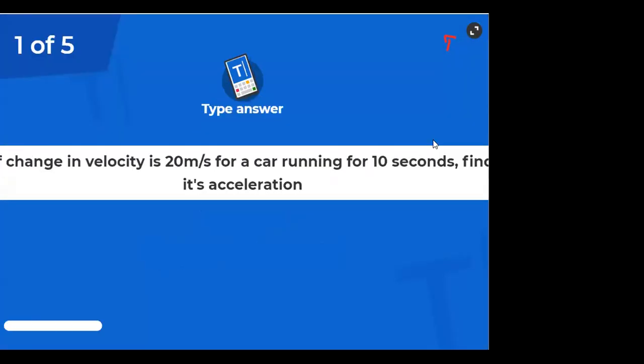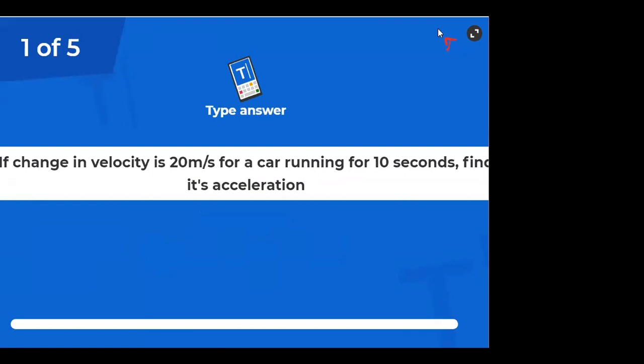Okay, you have to type the answer. Okay, if velocity changes in 20, okay, we have done this, I guess, right? I guess we have done this. Apologies. We have done this, I guess.